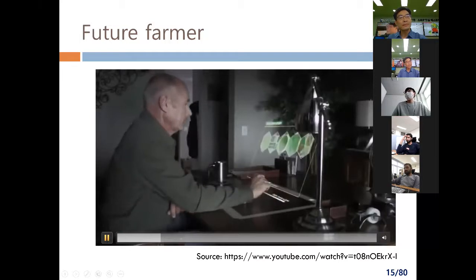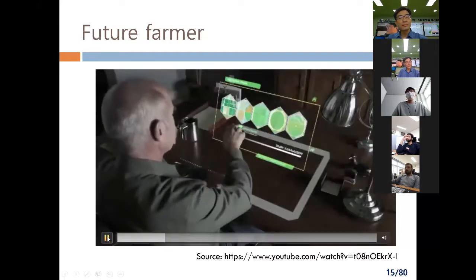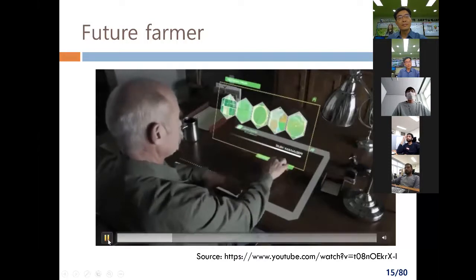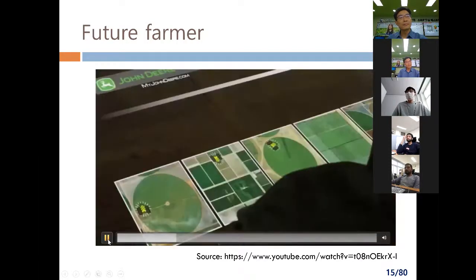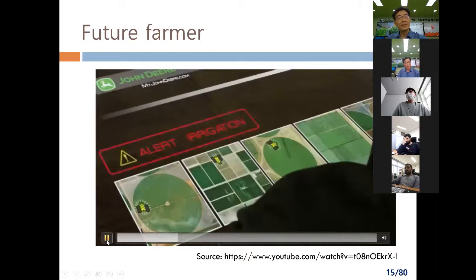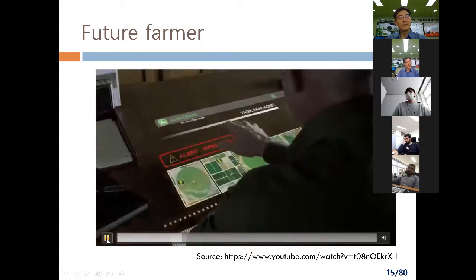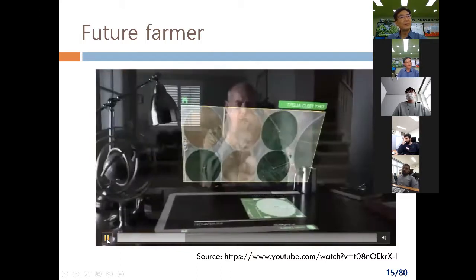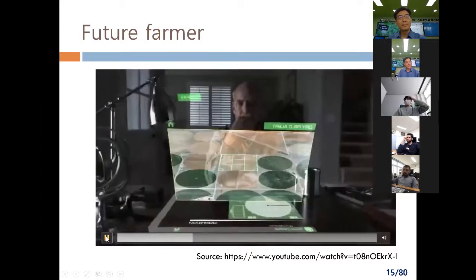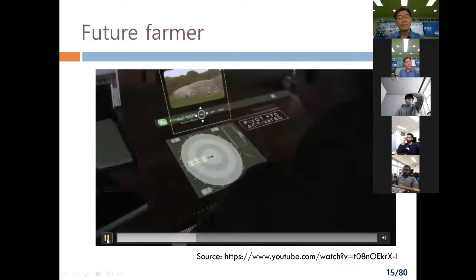Field order. Please prioritize. Work order confirmed. The farmer changes the order of the work and simulates it, and it shows that the field needs irrigation. Alert. Irrigation. Irrigation system initiated.